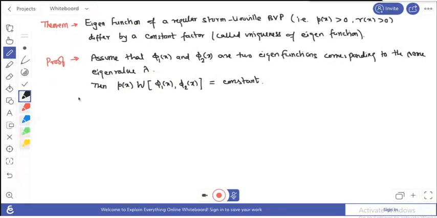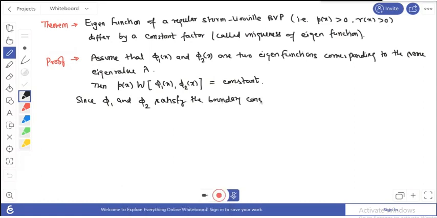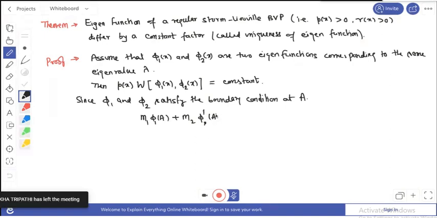Means phi1 equals some constant times phi2. Here it is given that phi1 and phi2 satisfy the boundary condition at point A, the first boundary condition: m1 phi1(A) plus m2 phi1 prime at point A equals 0.